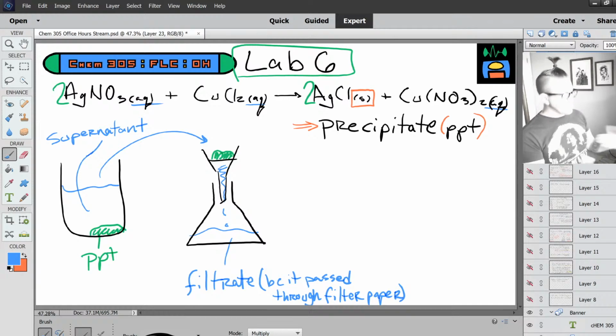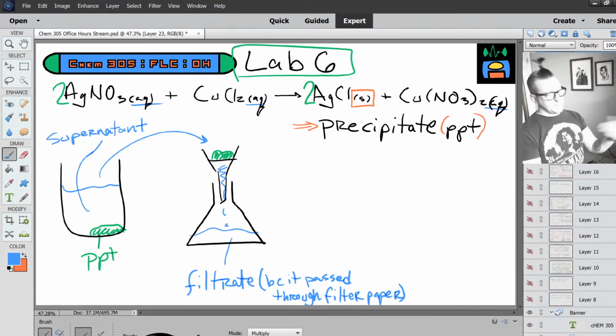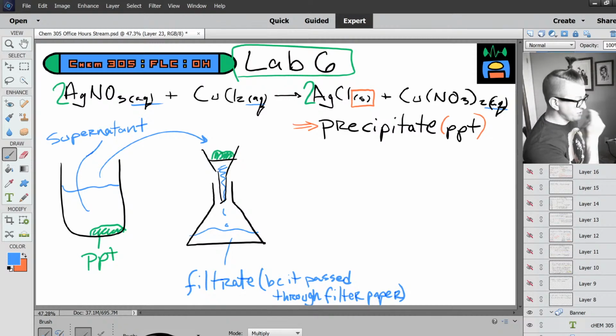So the filtrate and supernatant are the same thing. It's just that the supernatant doesn't become a filtrate until you actually filter it. Karenza, I'll talk about where that 2H2O comes from in a minute.